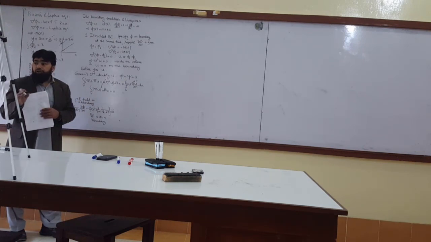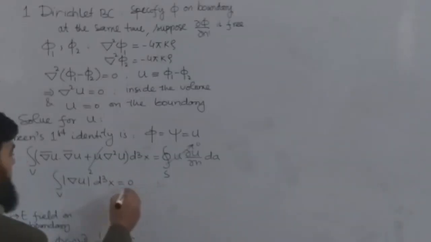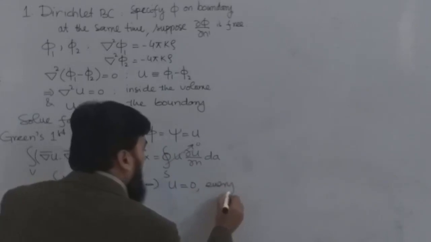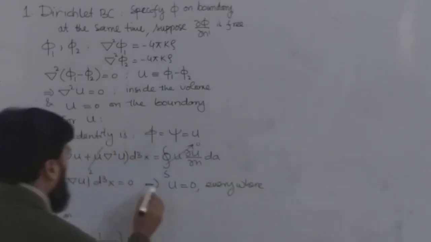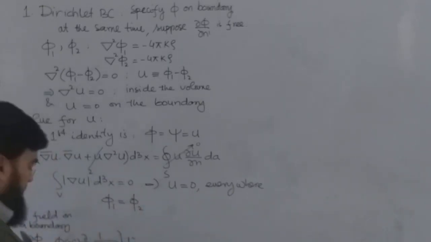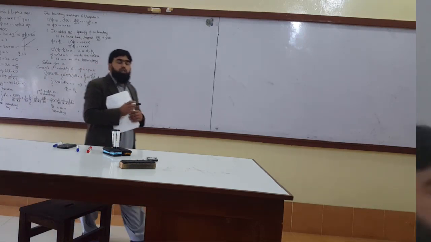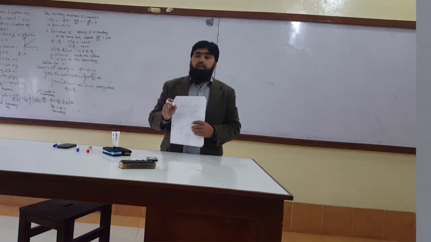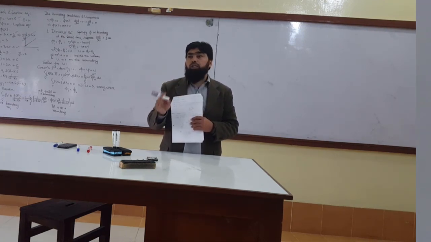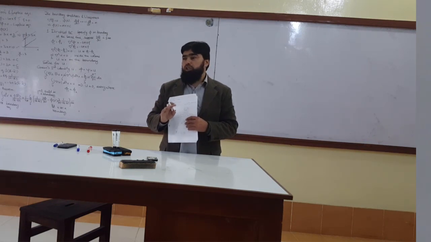So it has some fixed value, and that value is unique, single. And this implies that u is equal to 0 everywhere, and u equal to 0 means that phi 1 is equal to phi 2. It means the region in which you were expecting two solutions for the potential, those two solutions are actually the same. So it is a unique solution.